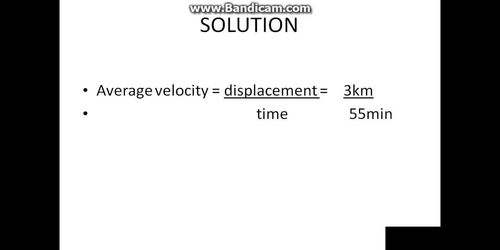Then the displacement is 3 km from the point A, B, C. Then we are now looking for the total time, which is 45 minutes to go from A to B and 10 minutes to go from B to C. The total time, which we now have as 55, will be our time in minutes. Then the total average velocity of the movement is 3 over 55 km per minute.